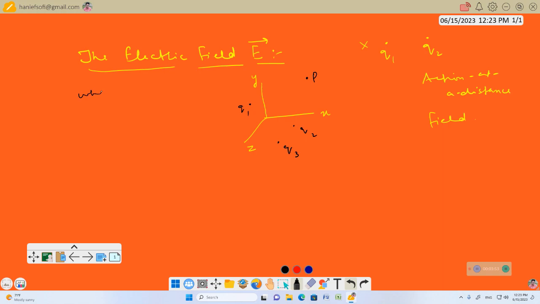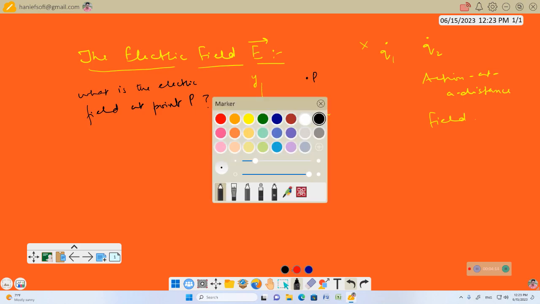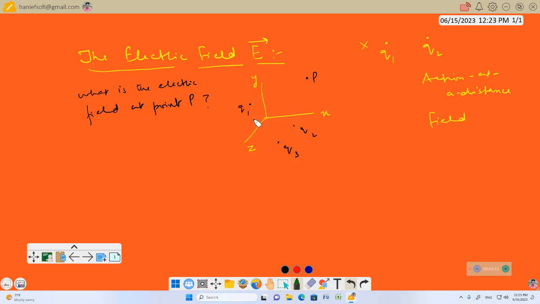So the question is, what is the electric field at point P? How do we find that? What is the procedure? In our procedure, we take a test charge that we denote Q naught.